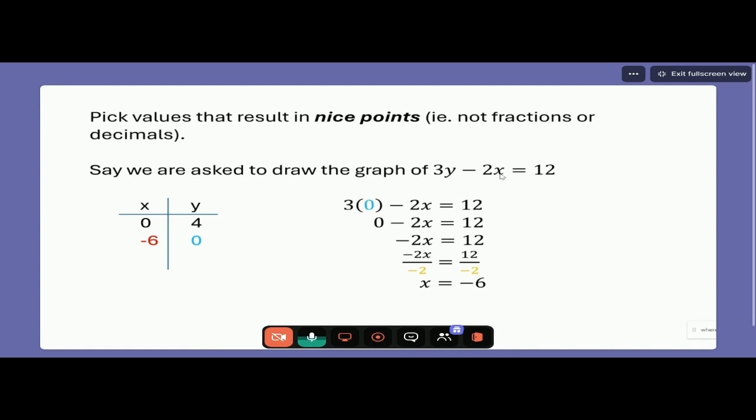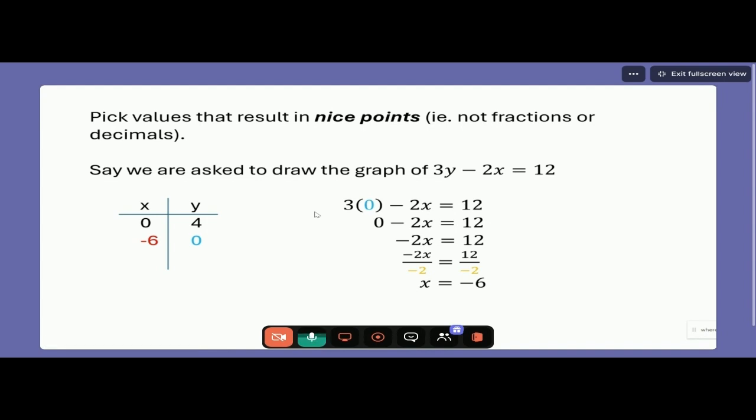Look at that. And also the other point we did there, I'm trying to remember what it was now. It was x equals 3 and y equals 6, right?